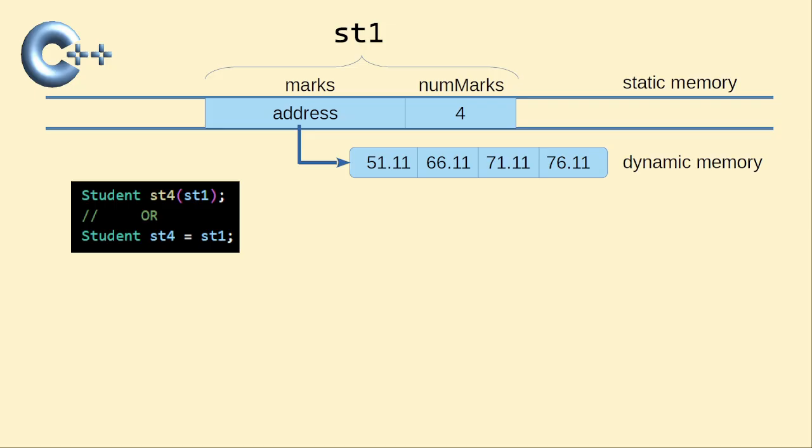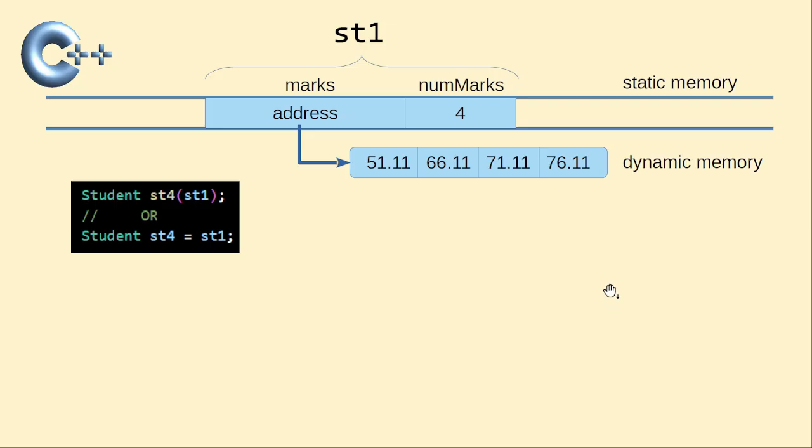Marks is a pointer, so it will have memory space which is sufficient to carry address, and number of marks is integer, 4 bytes, but the value stored is also 4 byte here, because st1 object has this data, and marks is carrying address of memory space in the dynamic location, an array in dynamic memory space, which is actually carrying the 4 values: 51.11, 66.11, 71.11, and 76.11.